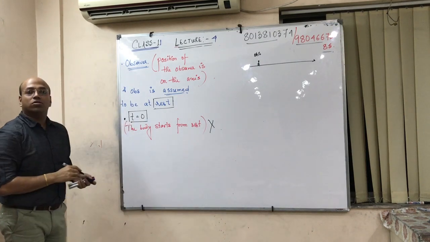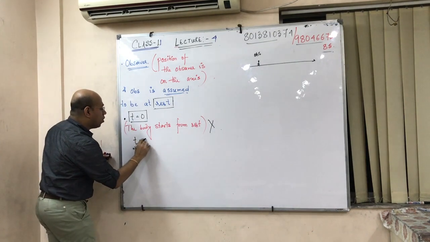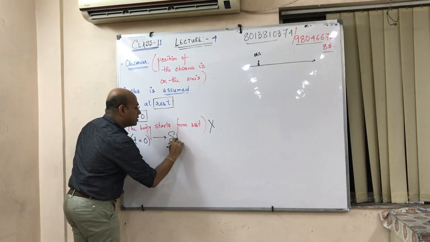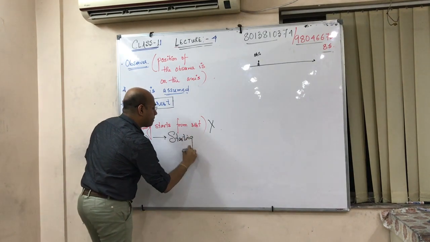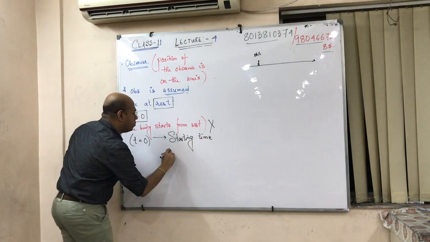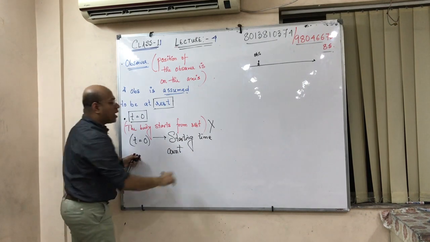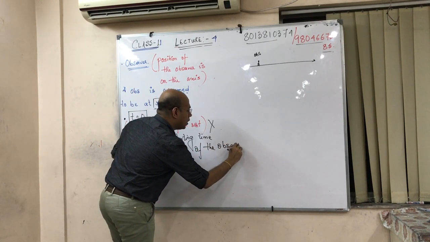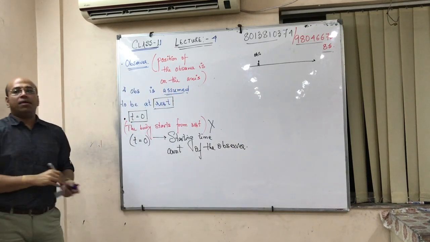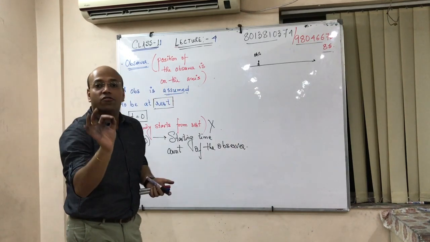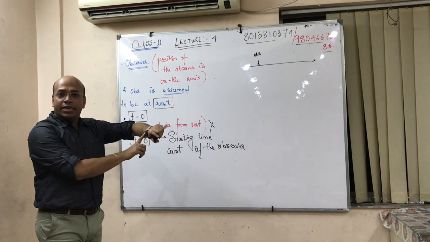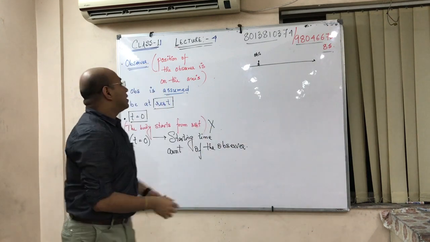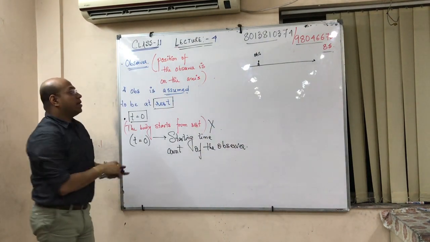Then what does t equal to 0 signify? The t equal to 0 signifies the starting time count of the observer. The starting time count of the observer means the moment the observer starts counting his time or her time, that is t equal to 0.